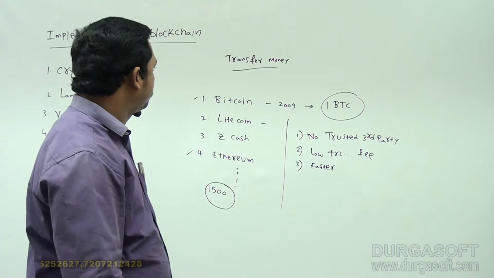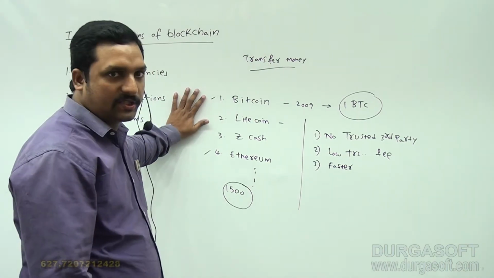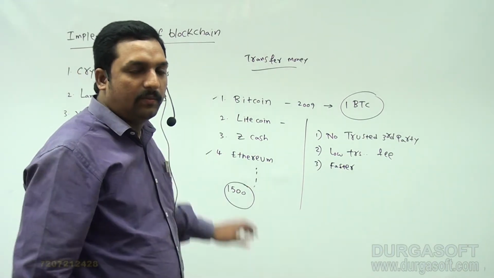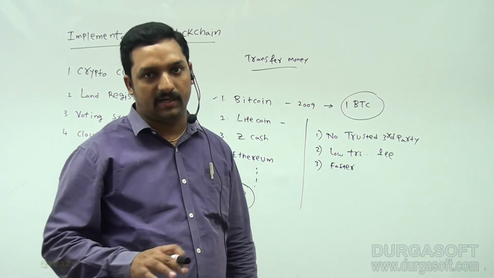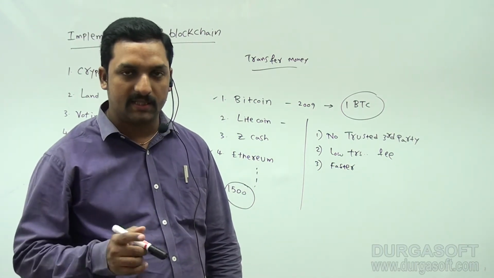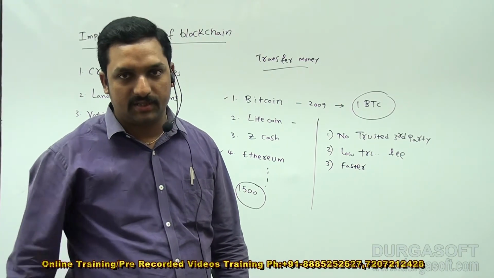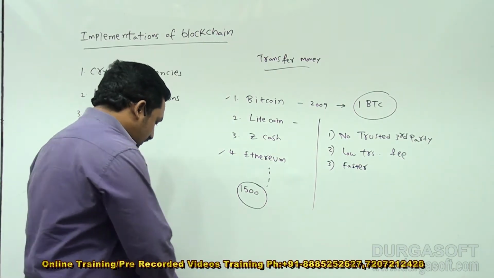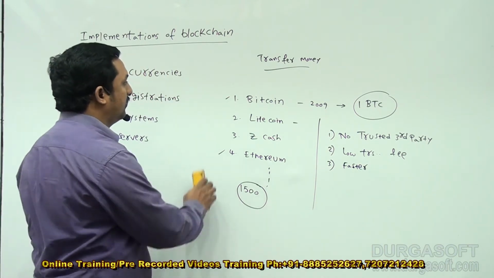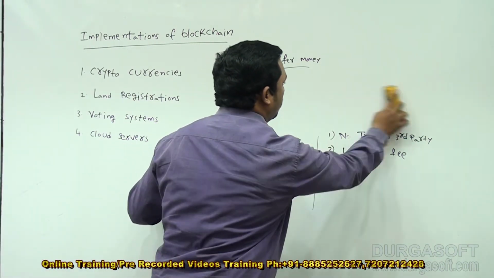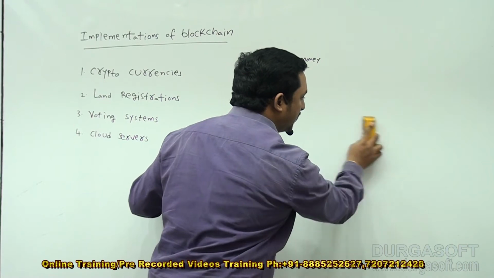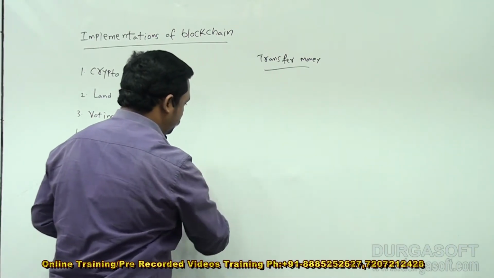Okay. This is one implementation of the blockchain. But notice, blockchain is not only meant for cryptocurrencies. Cryptocurrency is just one example of the blockchain, but we have different other implementations also. So what kind of data will we store in the case of cryptocurrencies?